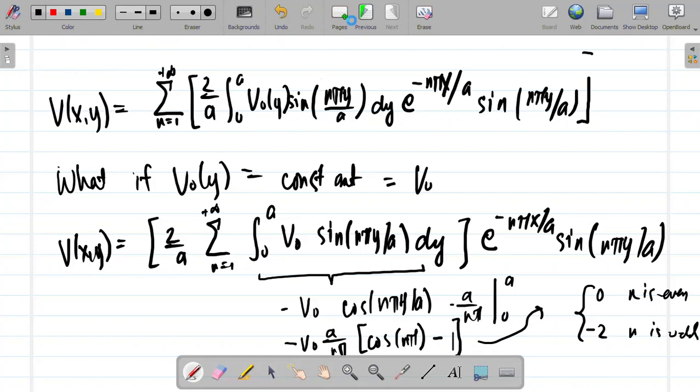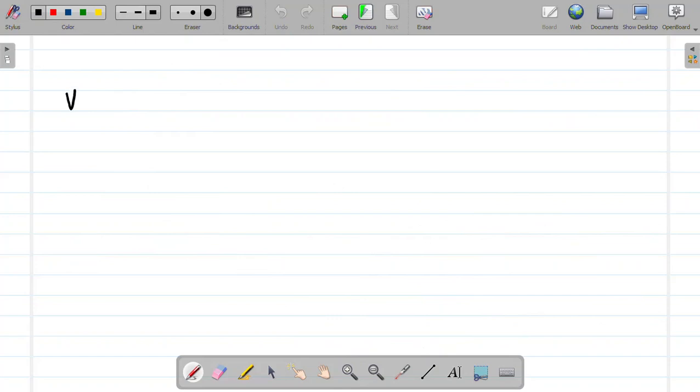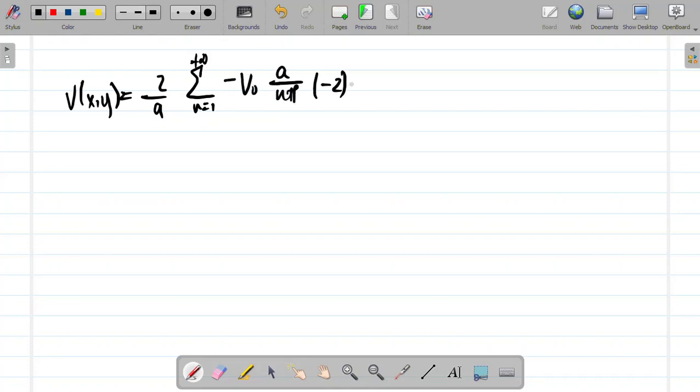So, bale, v of xy now equals 2 over a summation n equals 1 to positive infinity negative v naught a over n pi times negative 2 e raised to negative n pi x over a sine n pi y over a, with the emphasis that n is odd.